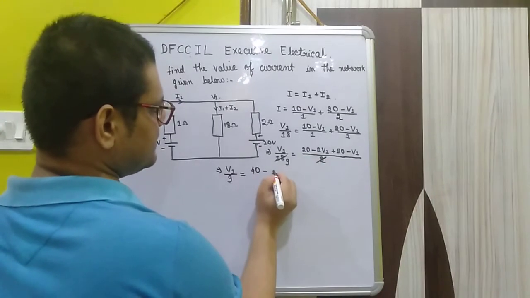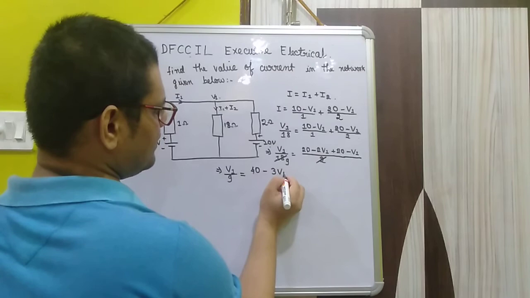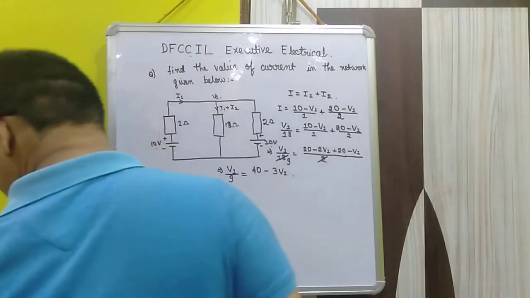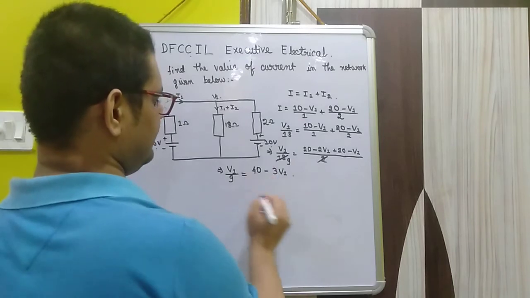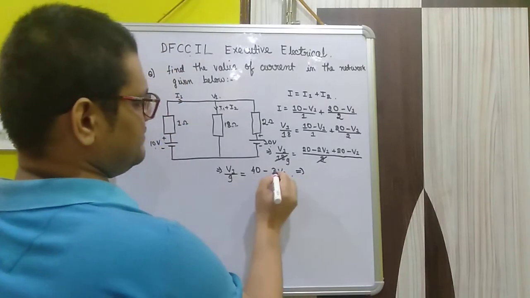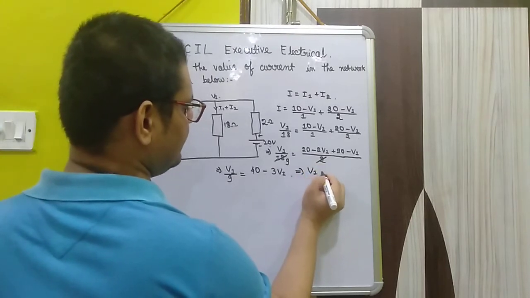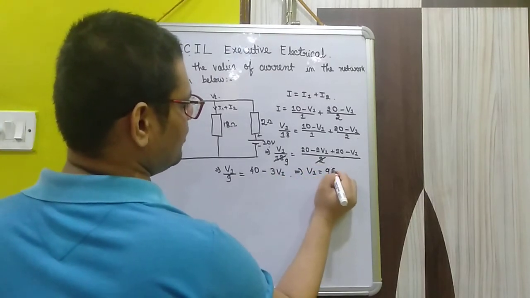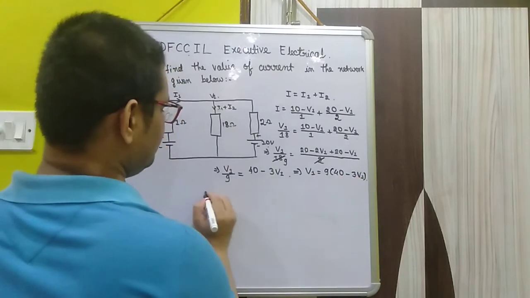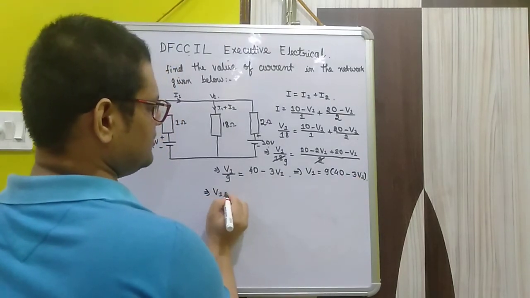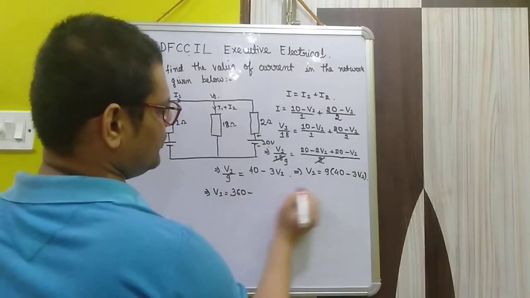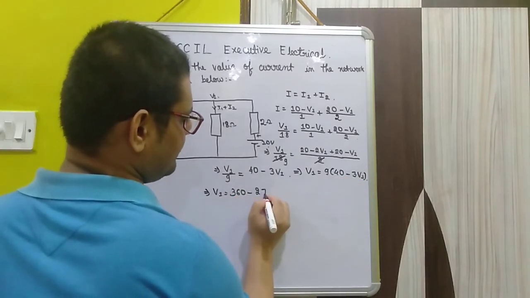40 minus 3 V1. Now we shift this 9 and multiply it: 9 into 40 minus 3 V1. V1 is equal to 360 minus 27 V1, since 3 into 9 is 27.